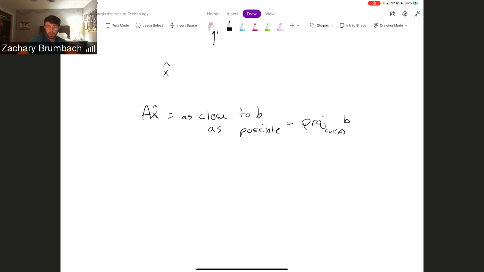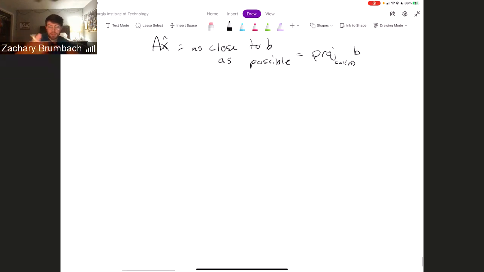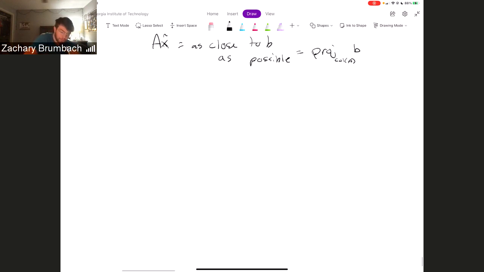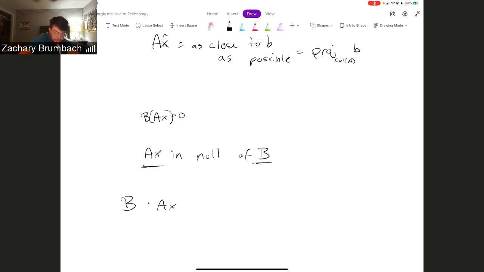Someone says 10B on the practice. We'll talk about it for a second. This says the specifications of the dimensions of A and B aren't important, but it says if B A x equals 0, which must be true, we can put parentheses around A x, so A x is in the null space of B, because B left times that is equal to 0.